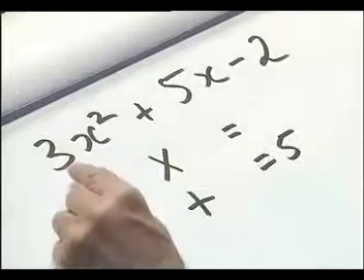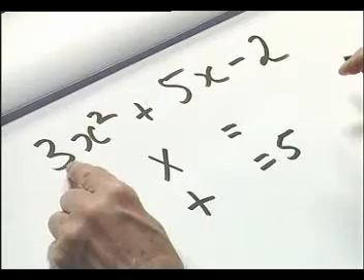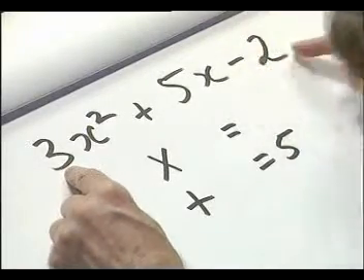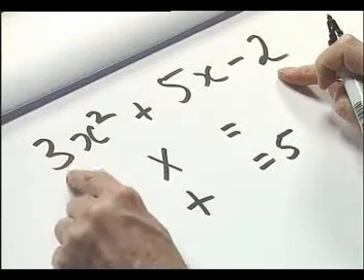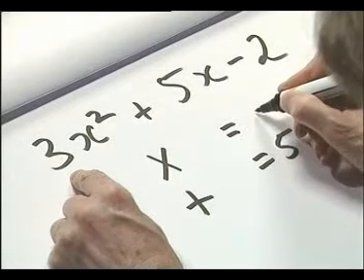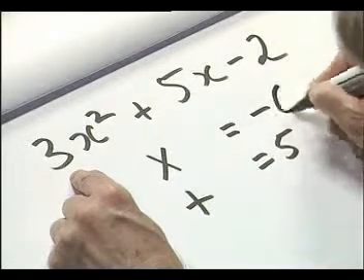What do the two numbers have to multiply together to give us? Well, they have to multiply together to give us 3 times minus 2. So we don't just take the constant term, we multiply it by the coefficient of the x squared. And 3 times minus 2 is minus 6.